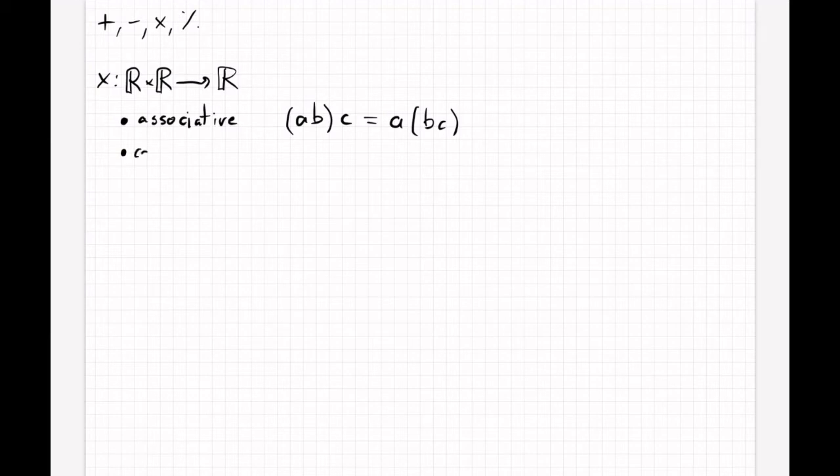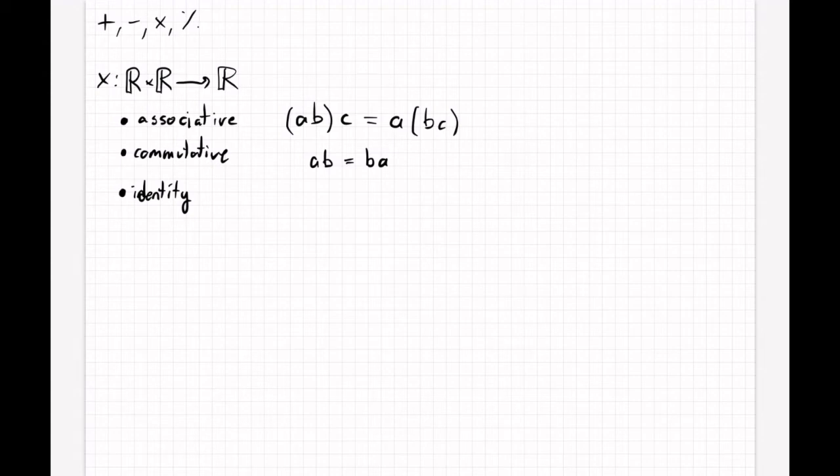Let's talk about commutative. Well, A times B equals B times A. And again, yes, this is true. The identity property. Now, the identity property of addition, if you remember, involved a special element, which was 0.